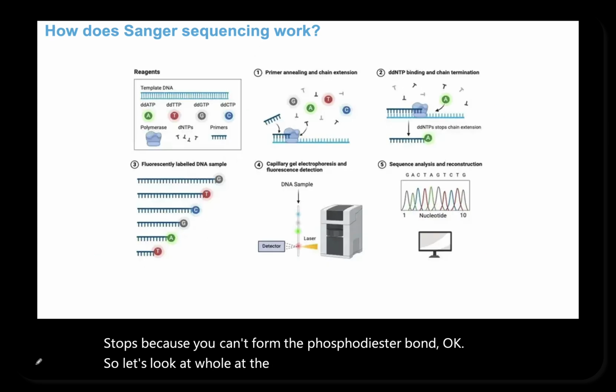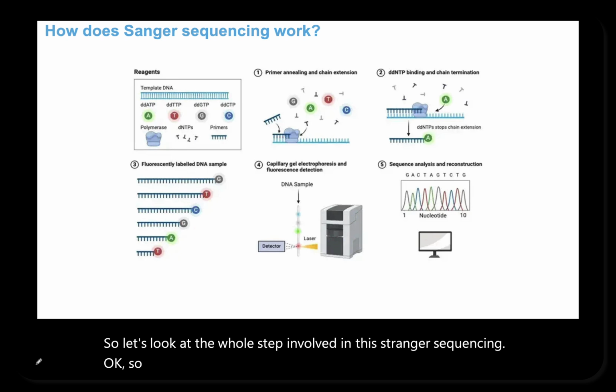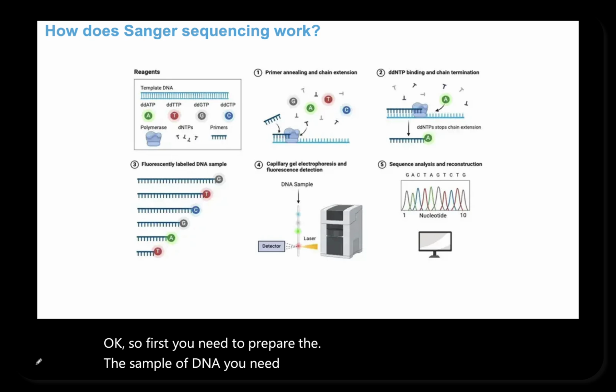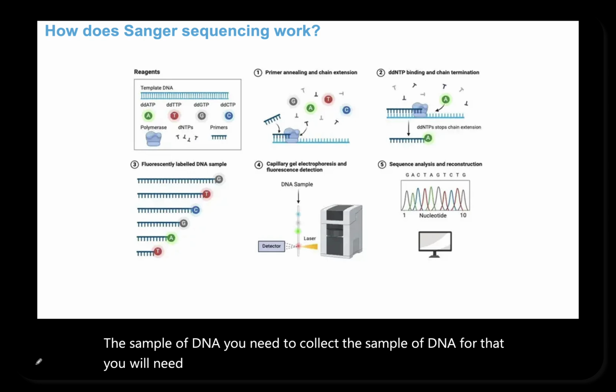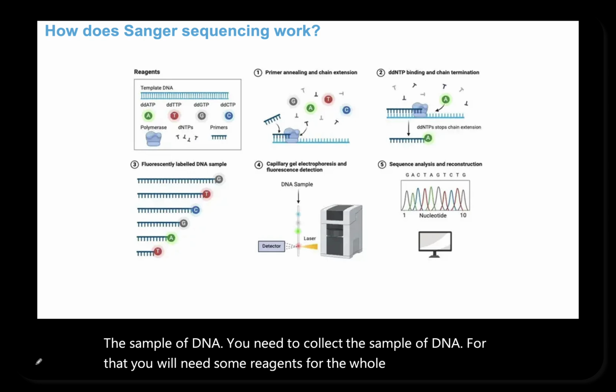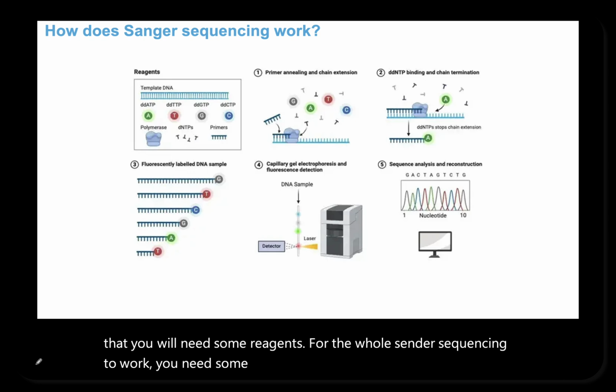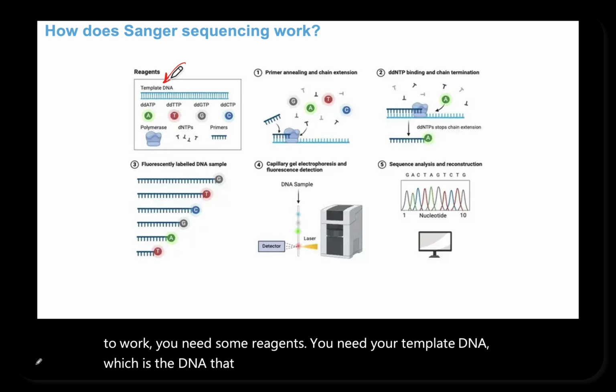steps involved in this Sanger sequencing. First you need to prepare the sample of DNA. For that, you will need some reagents. For the whole Sanger sequencing to work, you need your template DNA, which is the DNA that you want to sequence.